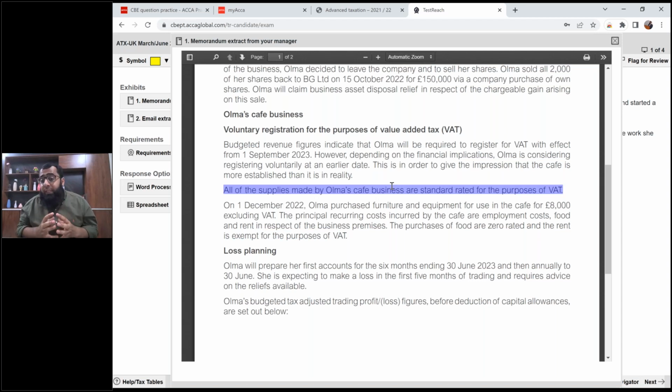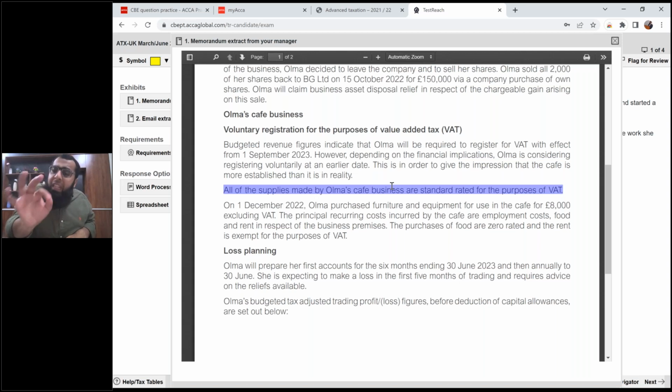If Alma gets registered for VAT, just listen to me carefully, there will be no significant impact on recovery of VAT. The word I used is significant.